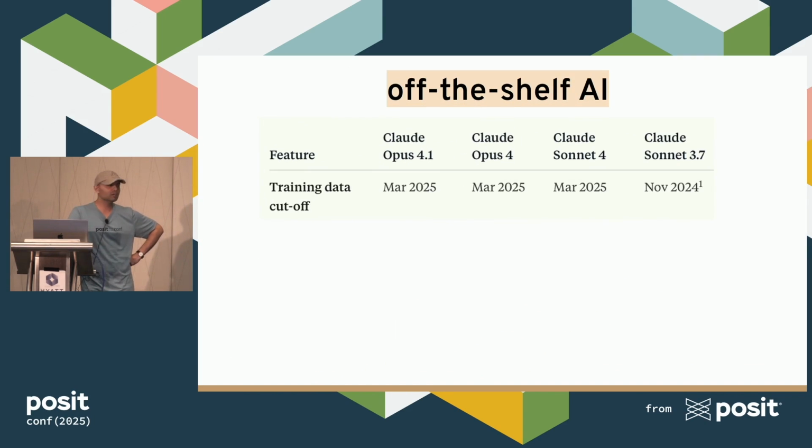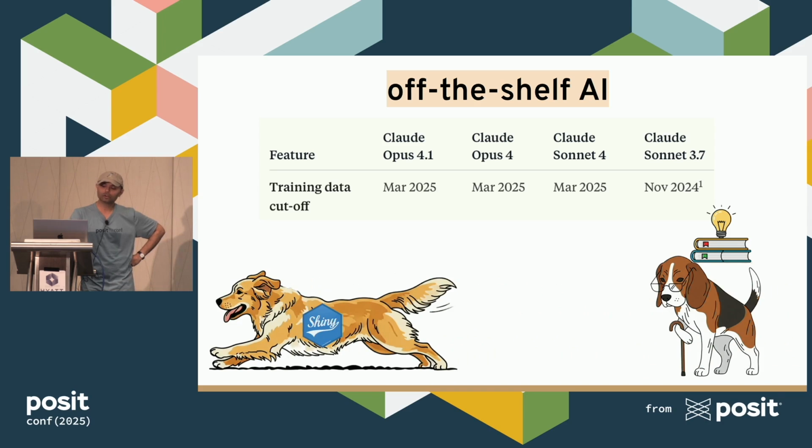All right, so why do we recommend using this over chatbots, where you would just go in, submit your app code, and get the test generated that way? If you look at all the off-the-shelf AI, one of the things they have is a knowledge cutoff date, so they are always lacking from when they were trained. But with Shiny, we keep releasing new features pretty regularly, so your knowledge base might always be lagging behind where Shiny is at.